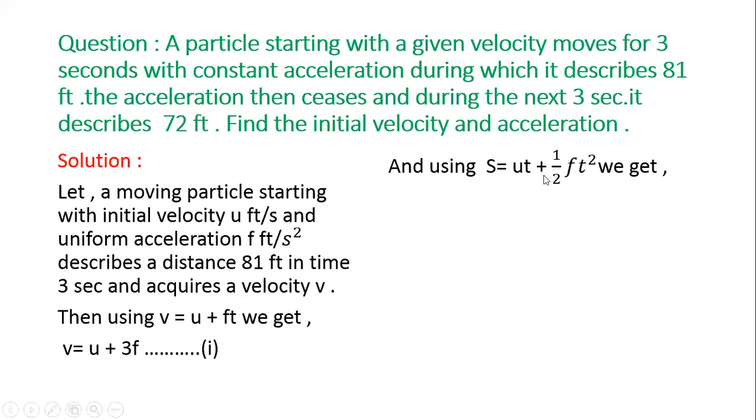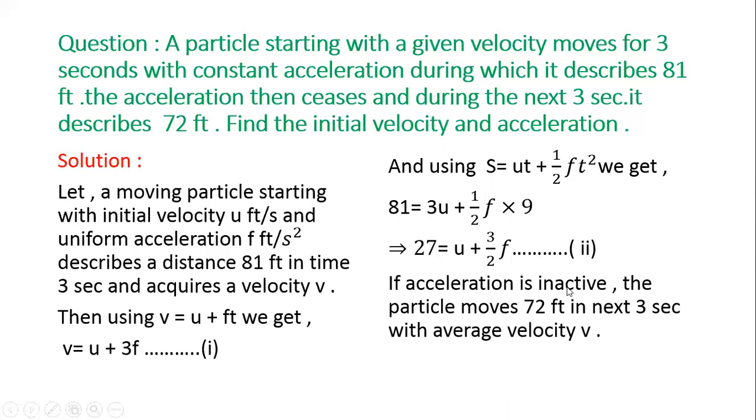Using s equals ut plus half ft square, we get 81 equals thrice u plus half f into 9. Here the distance is 81 feet and time is 3, so thrice u, and 3 square means 9. If we divide this equation by 3, we get 27 equals u plus 3 by 2 f, which is equation number 2.